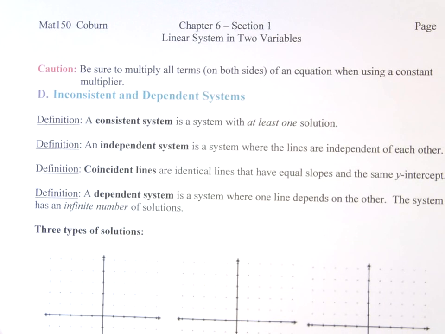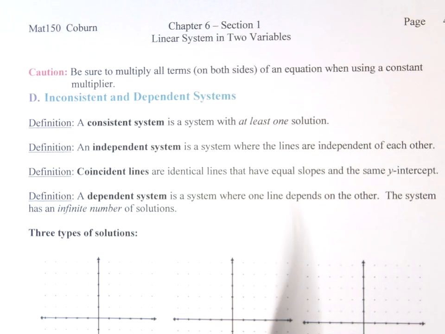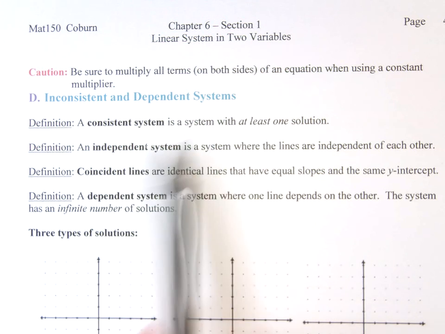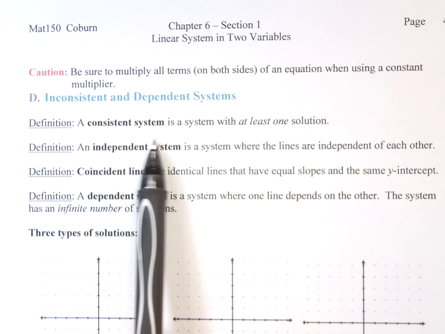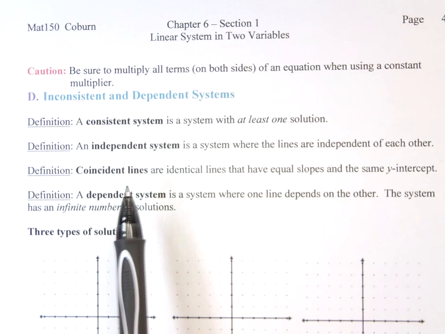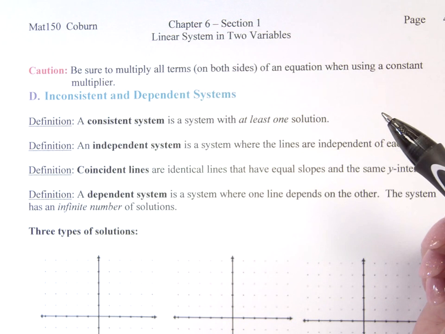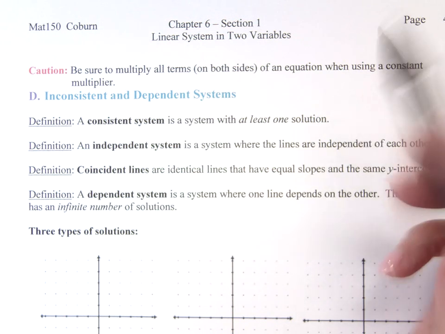Then some of this has come from the way your book defines things. It says, inconsistent, dependent systems. Definition: a consistent system is a system that has at least one solution. I would not say it has only one; it has at least one solution.